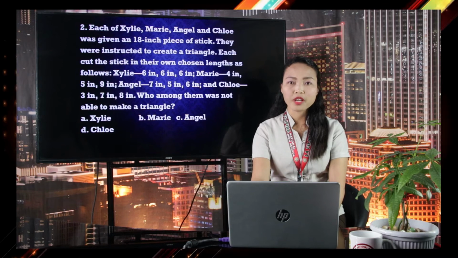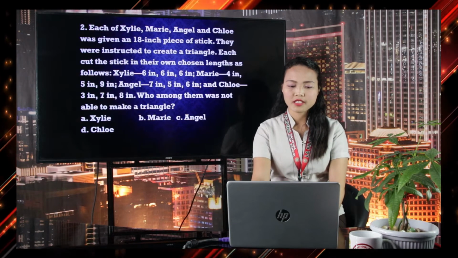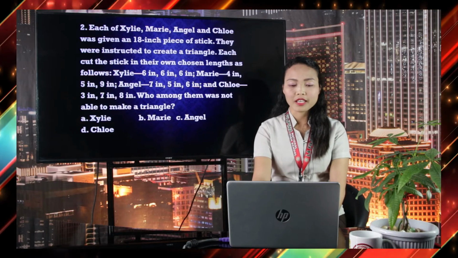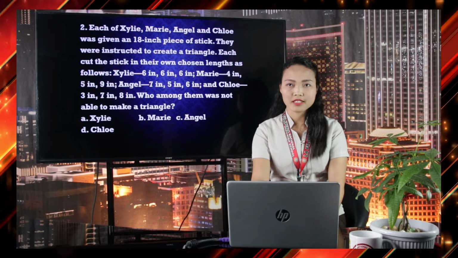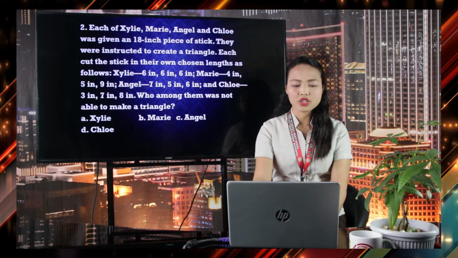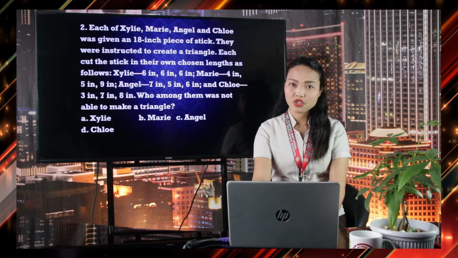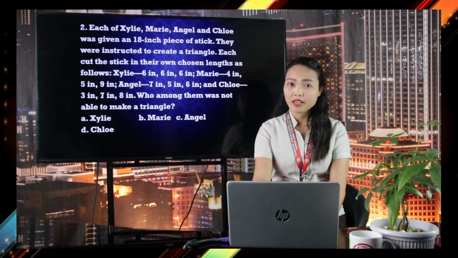Marie, 4 inches, 5 inches, 9 inches. Angel, 7 inches, 5 inches, 6 inches. And Chloe, 3 inches, 7 inches, 8 inches. Who among them was not able to make a triangle?